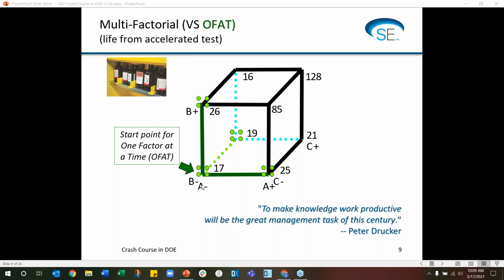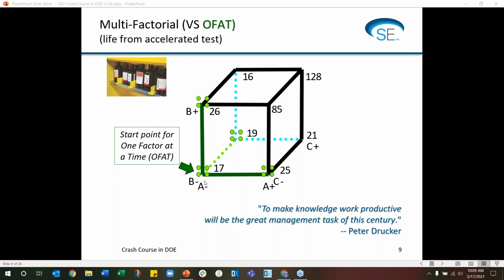So they tried changing factor A. If we go from this corner, the standard A, and go up to a different setting for A, the result they found was a 25. So a nice improvement, but not as much as they were hoping for.